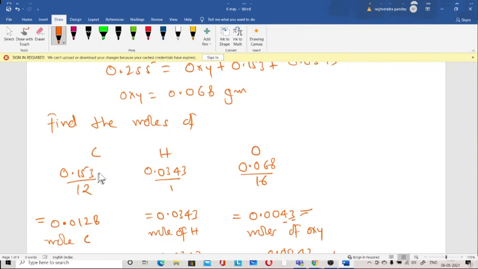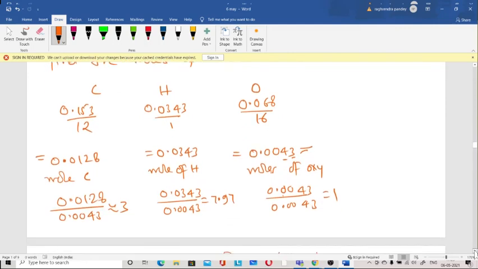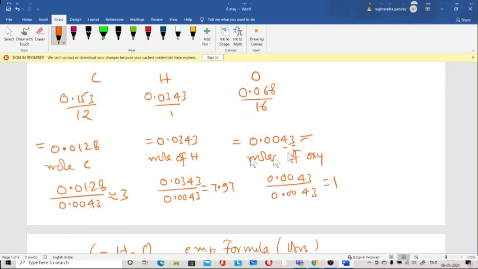We divide the weight of carbon, hydrogen, oxygen by their individual atomic weights, 12, 1 and 16, so we get the moles. Then whichever is the lowest number of moles, we divide by that number to get the whole number ratio. So that is your empirical formula.